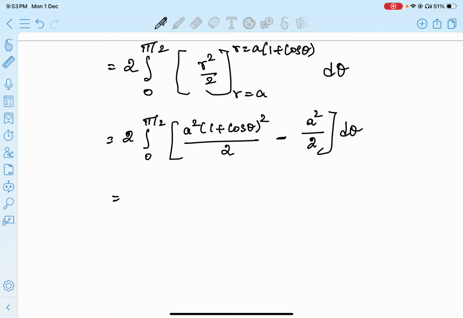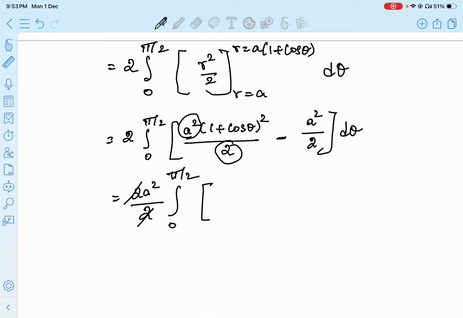Now we can take a square and 2 outside the integral. So 2 a square by 2, integral 0 to pi by 2. This 2 will get cancelled. The remaining term we have is (1 plus cos theta) the whole square. It is in the form of (a plus b) the whole square, right?